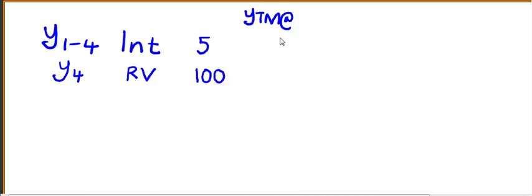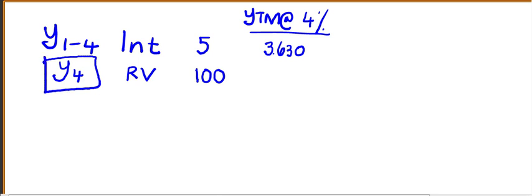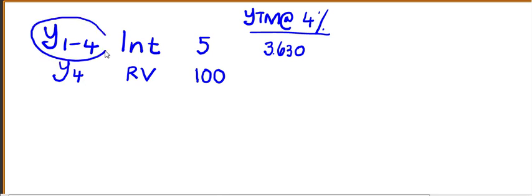If you look at your annuity tables, if you're comfortable with the table, I think all of you like to use calculators for this one, which is very fast. If you use your calculator or the table or the formula, you should get 3.630, and this is the annuity factor.